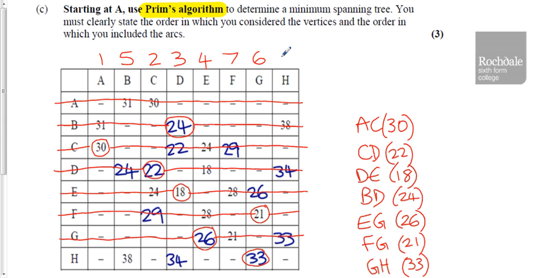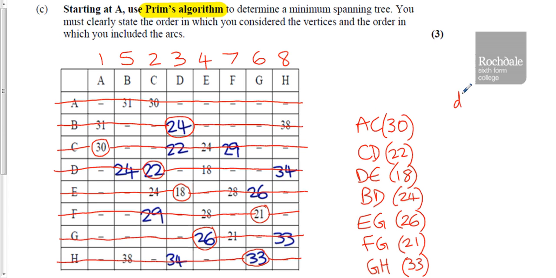And you need to remember to put an 8 on top of H and cross out the H row just to finish it off, because the examiner will be looking at the order of these numbers. If they're in that order, that shows the correct method. Plus, they're also going to be looking for the correct edges in the correct order and the correct circled numbers. But these numbers at the top is also part of looking for a correct method. So there we go. I've got full marks for part C.